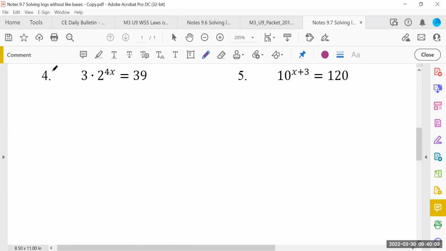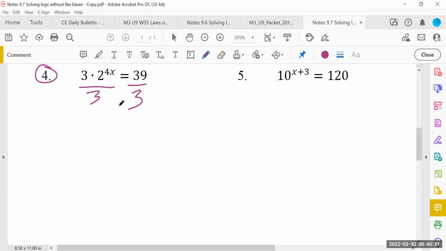All right, everybody, number 4. Your focus, please. Number 4 has a different order of steps because the base to a power is not by itself yet. So I need to divide both sides by 3. You cannot switch to log form until the base to a power is by itself.